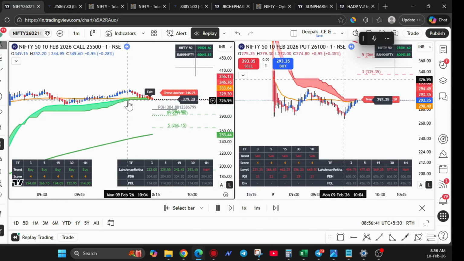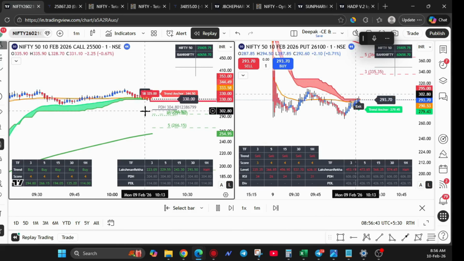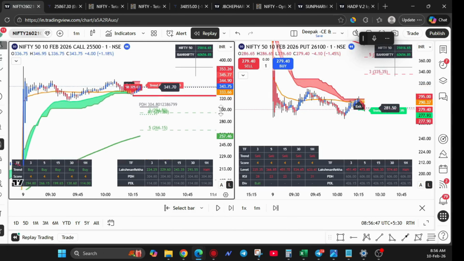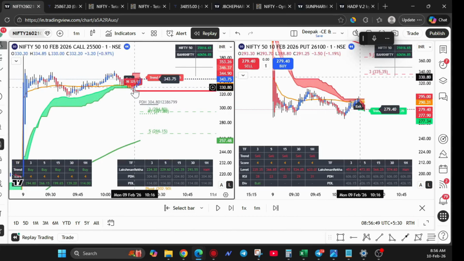It is actually touching the VWAP. It has printed an exit and a sell below. So the 1 minute candle sell below is printed.